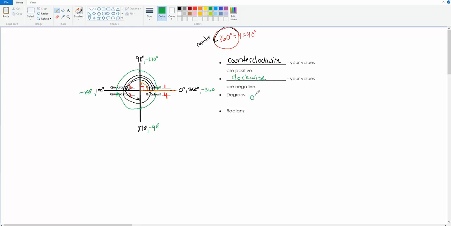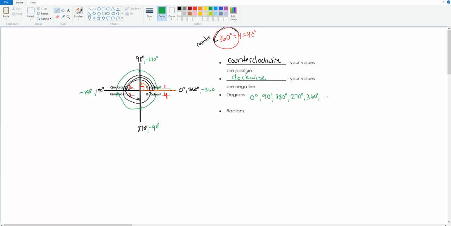So what are the degrees? The degrees are 0, 90, 180, 270, 360, and so on.